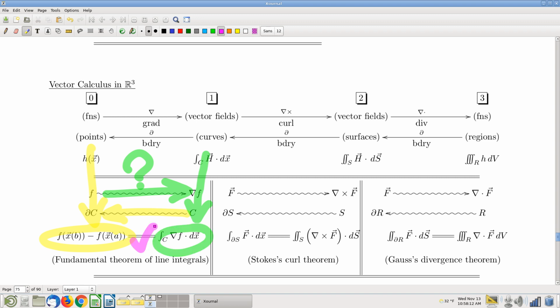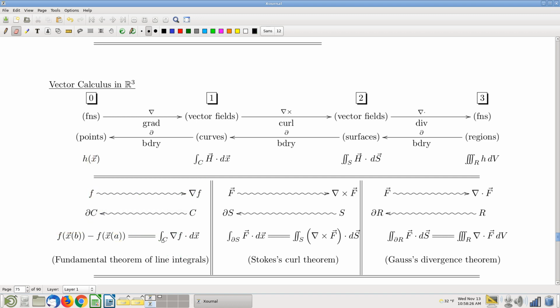Is there something I can do that makes both evaluations the same? And the answer was yes, and it was the gradient. So this is the diagram chase of the fundamental theorem of line integrals: taking a boundary and looking at change, taking a gradient and looking at the line integral. Same thing.